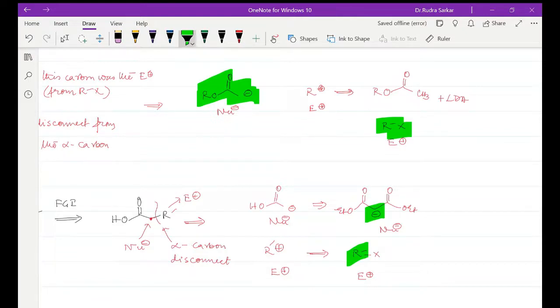Now, as a synthon over here, this particular molecule is better than the one over here. Why so?